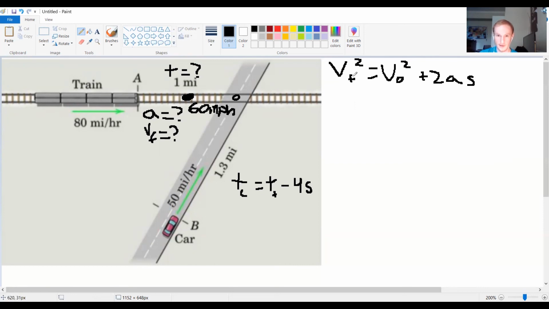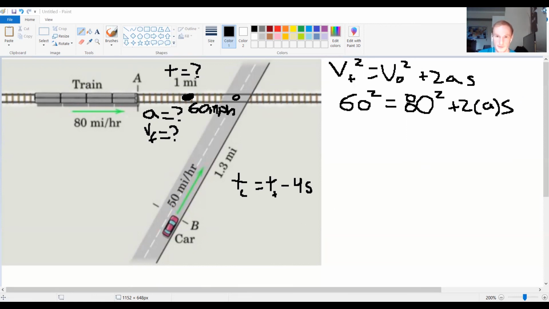All right, so now we have final velocity, which is 60. We're looking for the acceleration, by the way, because in the problem statement it said the train's deceleration is constant all the way through. So we got 60 equals 80 plus 2a s.